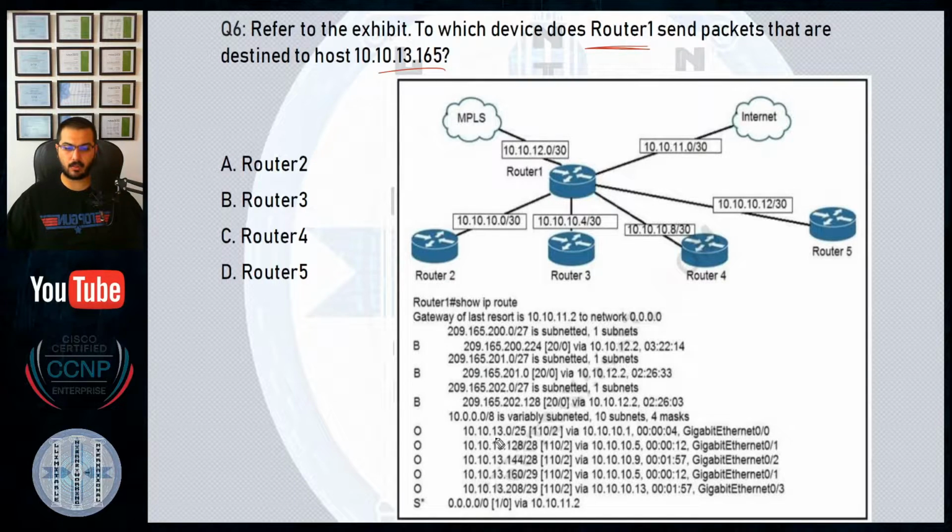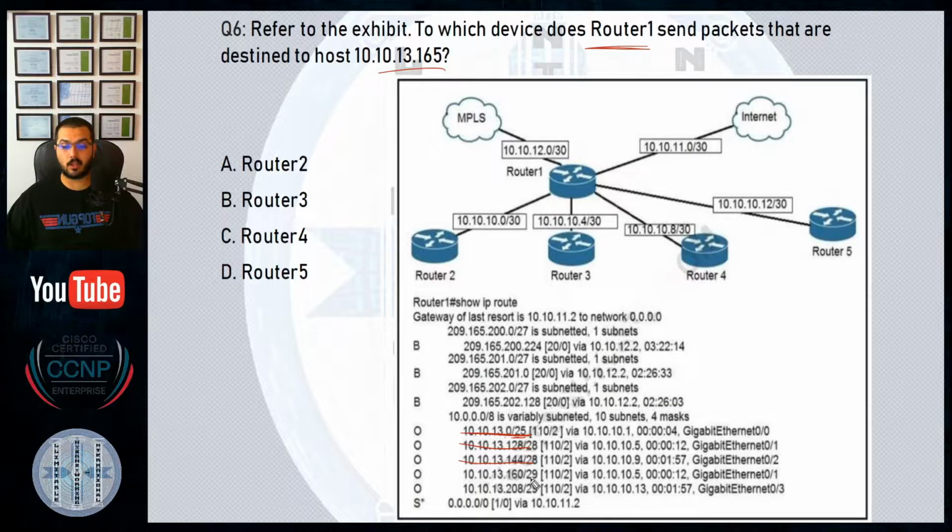Okay, so 10.10.13.0/25 ends with 127, so 165 is not there. 128/28 means the increment value is 16, so 128 plus 16 will be 144, so 165 is not included. Then 144/28, yeah, /28 has the increment value of 16. That is correct. 144 with an increment value of 16 would end with 160. So no, 165 is not included.